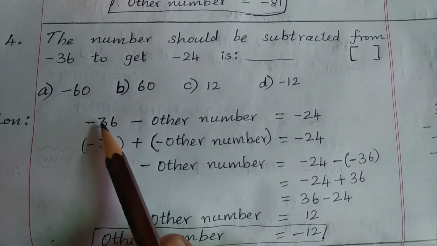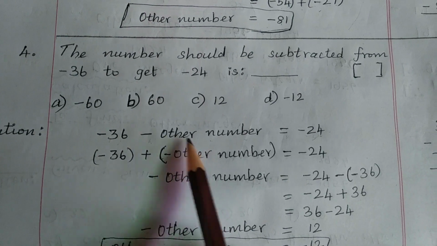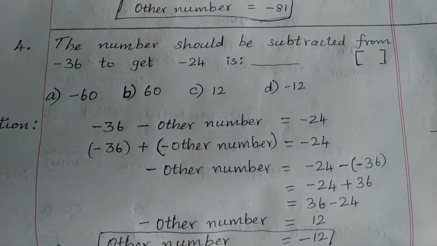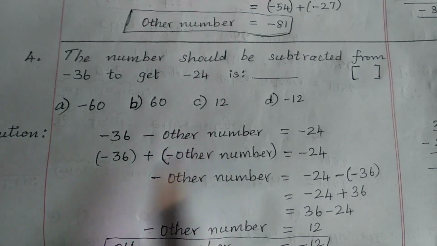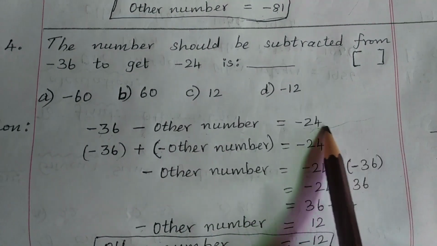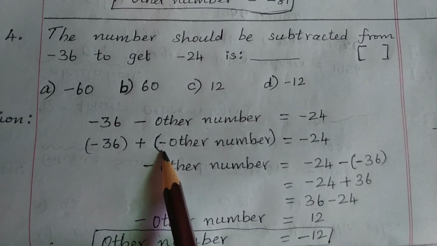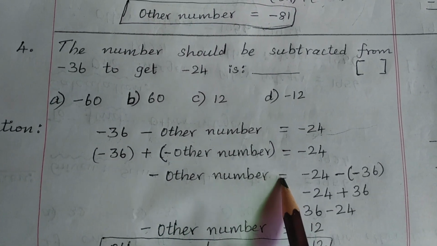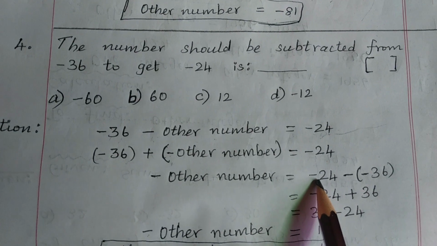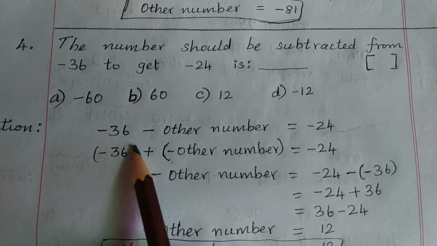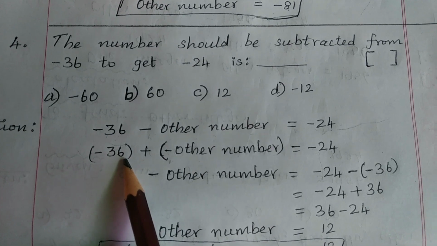Now, this is nothing but minus 36 plus minus other number. So, the sum of two negative values is equal to minus 24. Minus other number is equal to minus 24, and already here minus 36 is there.